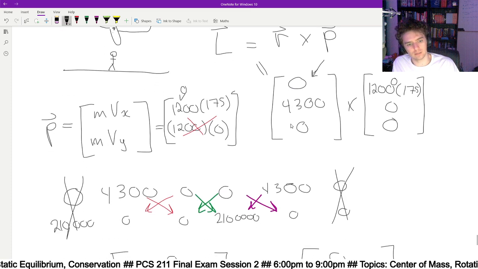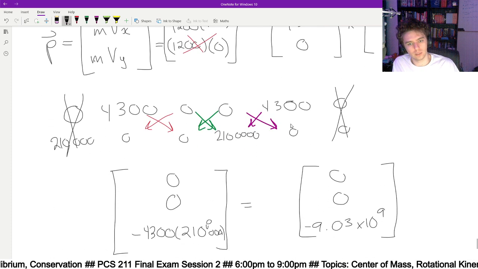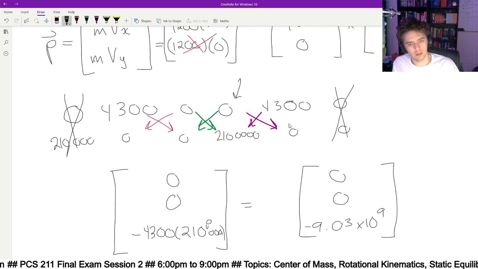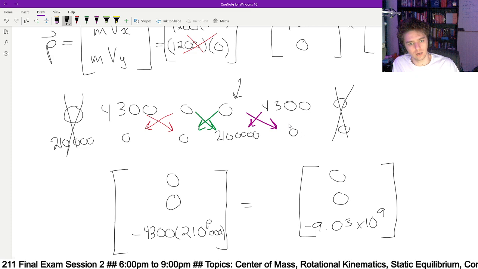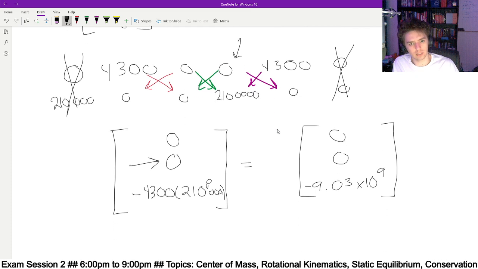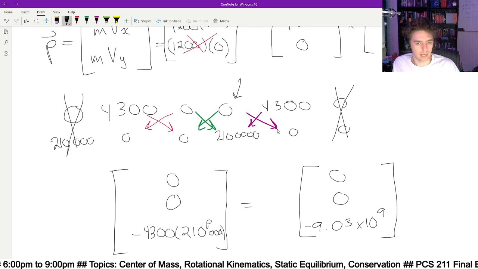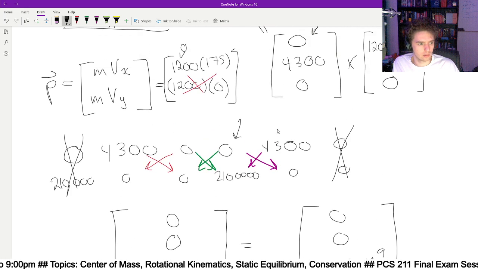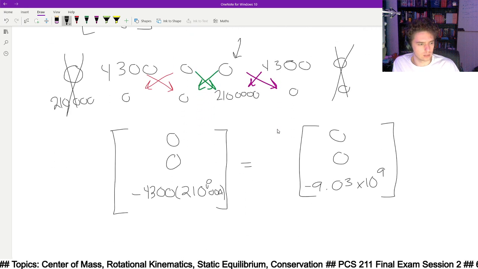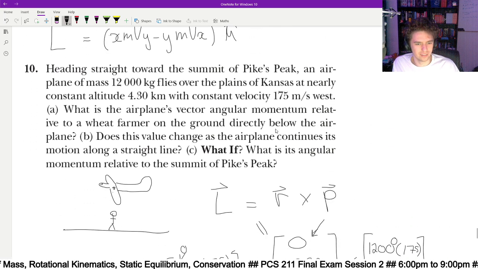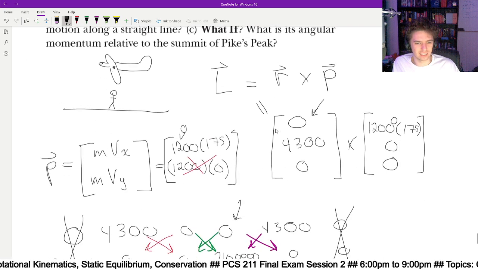You'd have a positive x component there, which means this second value is going to start to go down because it'll be minus that, which is not quite the answer. But the answer also says no. Does this value change? It says no.